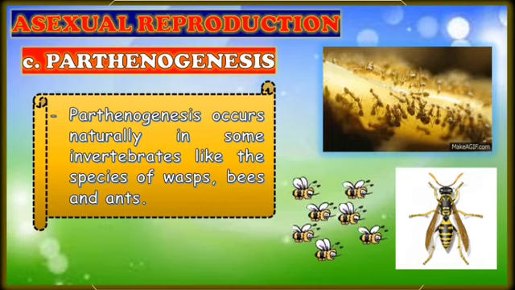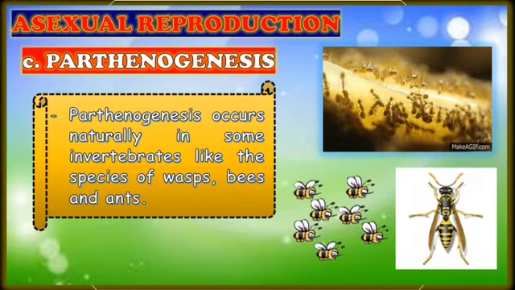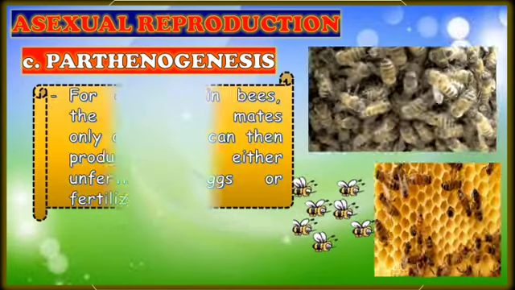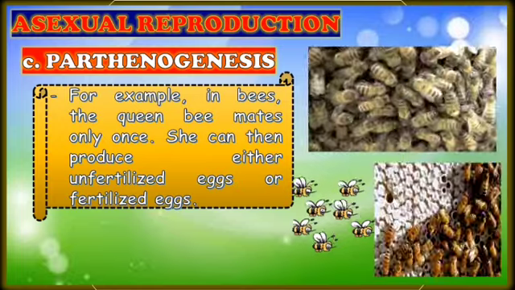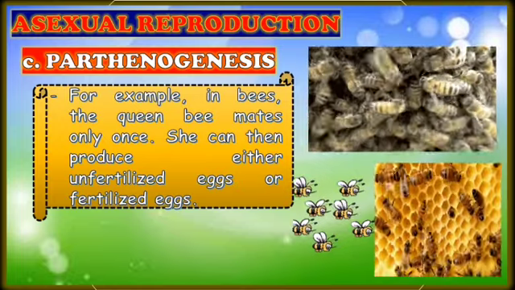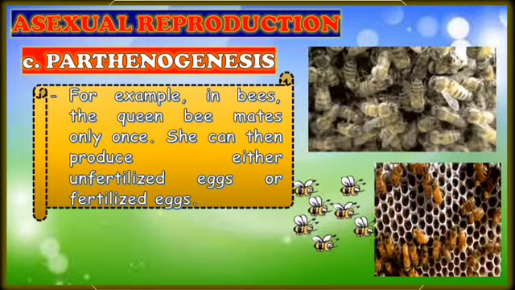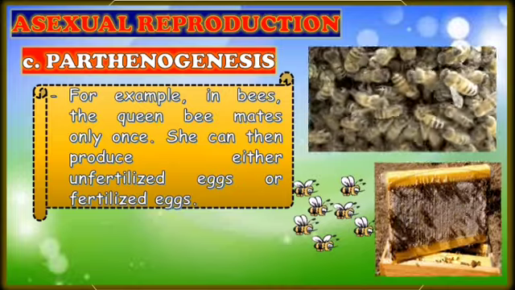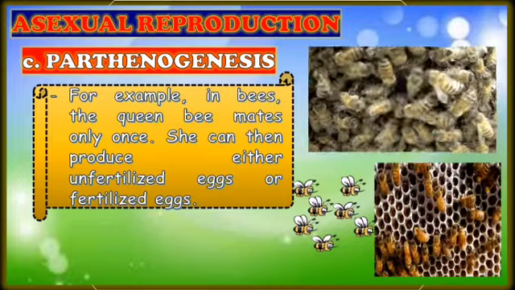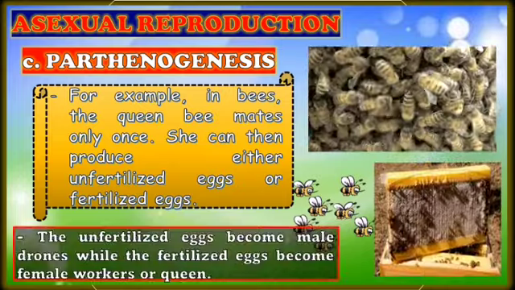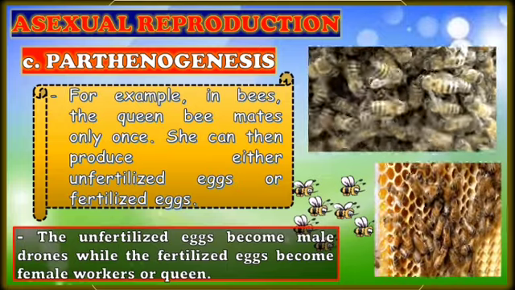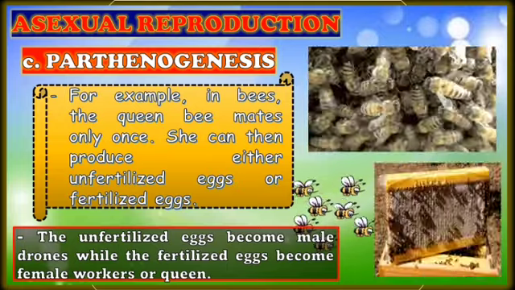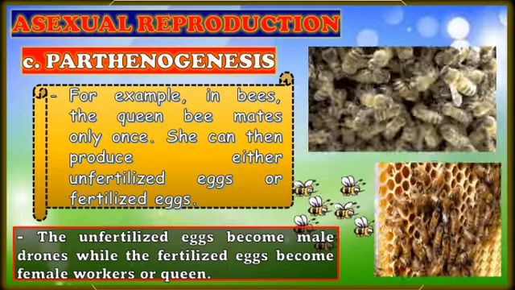So those are the examples of parthenogenesis. For example, in bees, the queen bee mates only once. She can then produce either fertilized eggs or unfertilized eggs. The unfertilized eggs become male drones, while the fertilized eggs become the female workers or the queen.